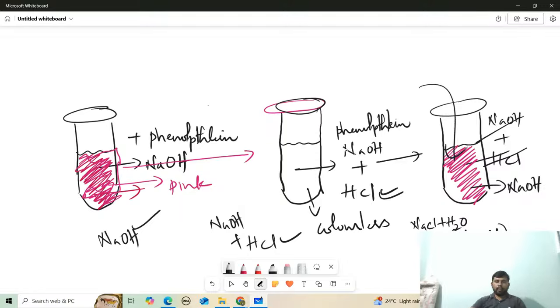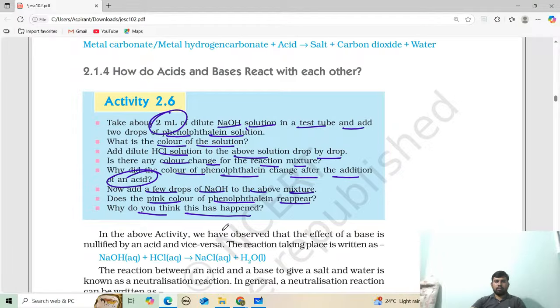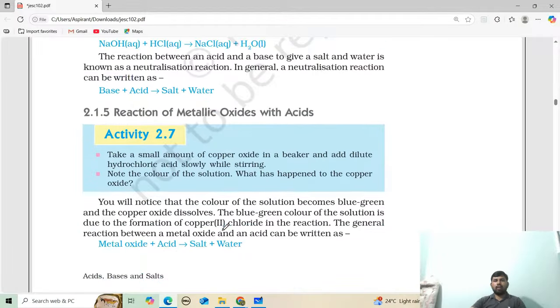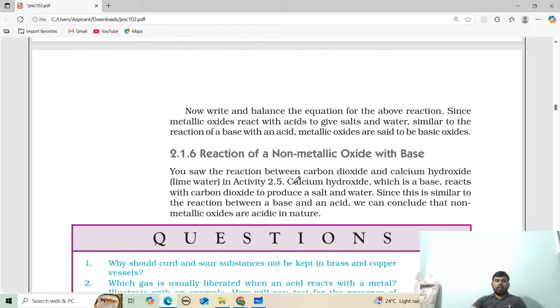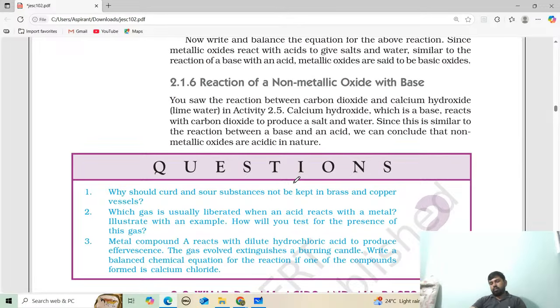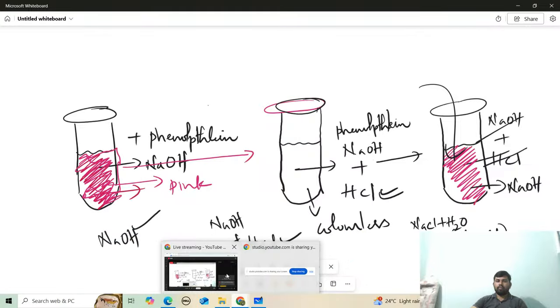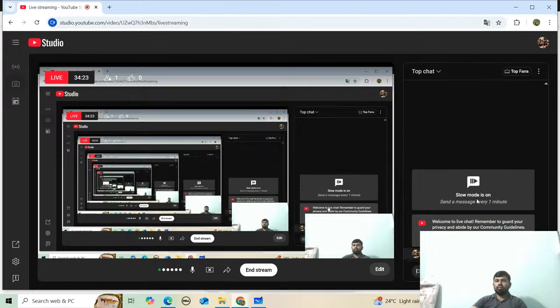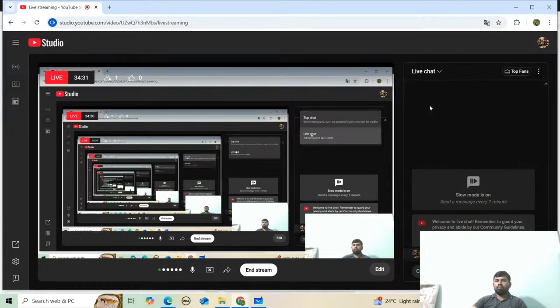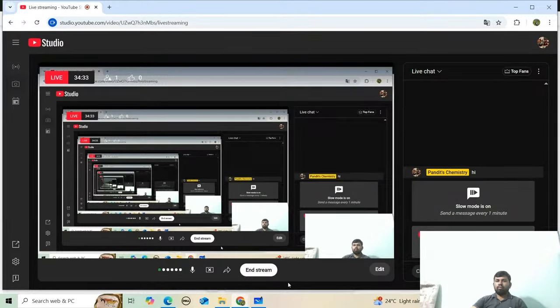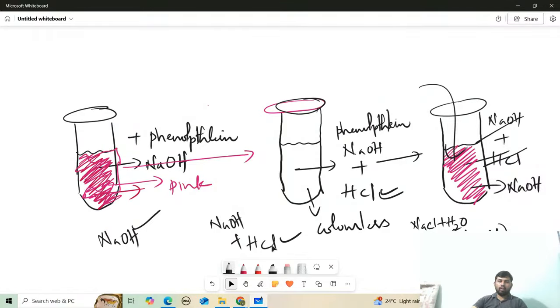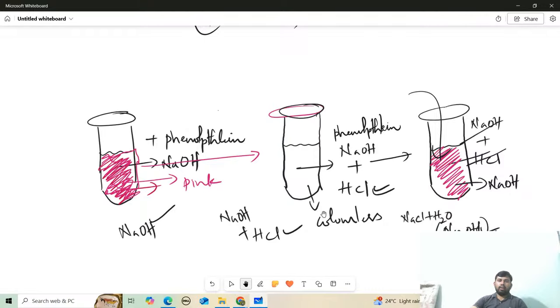Now come to the next concept. The next concept is metallic oxides with acids, and the reaction of non-metallic oxides with bases.